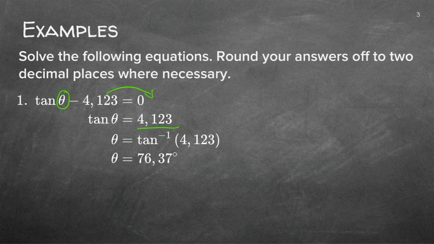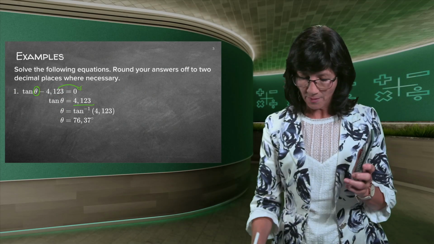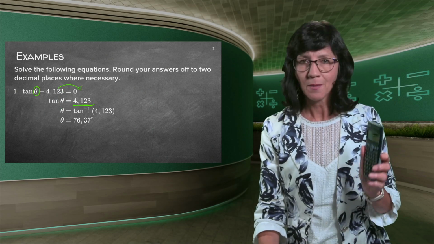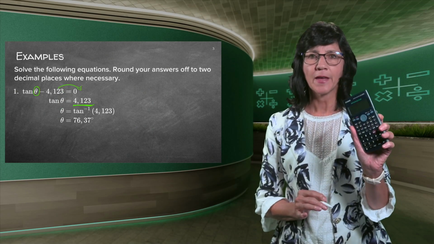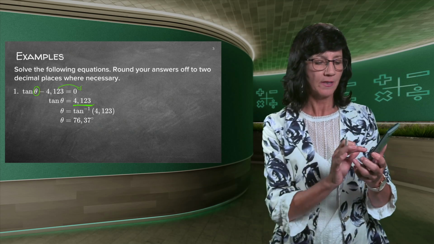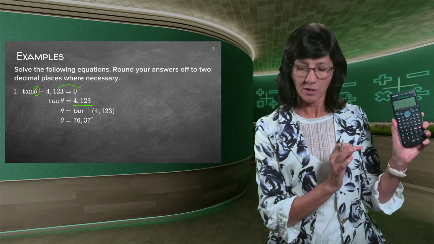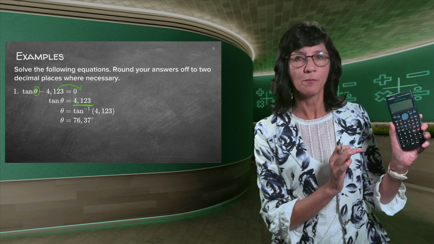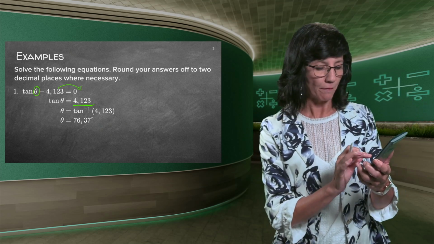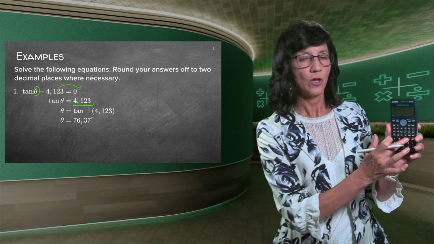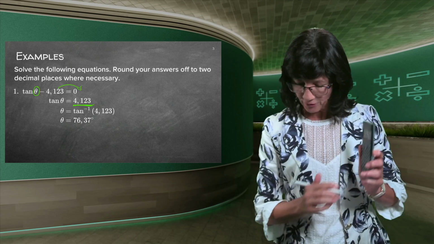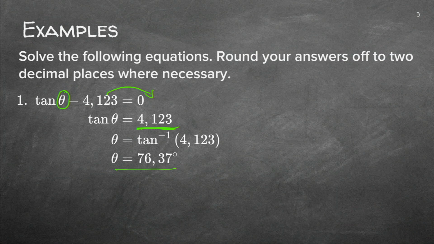I cannot click that 4.123 into my calculator straight away, because remember, my calculator says degrees. I'm not going to give it degrees. I'm going to do a reverse problem, and that's why I need to press shift tan. Then it forms a bracket automatically, and I put in the 4.123, close my bracket, and I get the answer of 76.37 degrees.